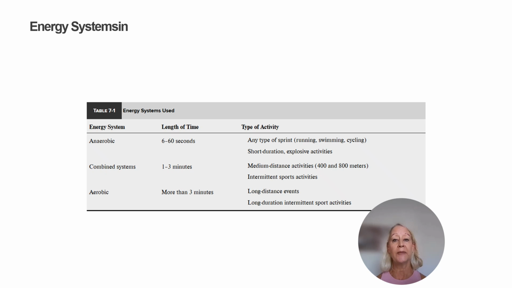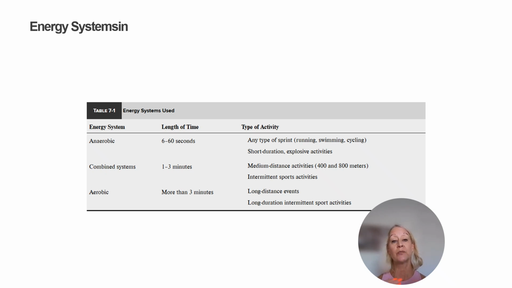Now, the aerobic system or oxidative system is typically more than 3 minutes, and oxygen is required. It occurs in the mitochondria, and the fuel source is glucose, fats, and sometimes proteins, depending upon how long you go.